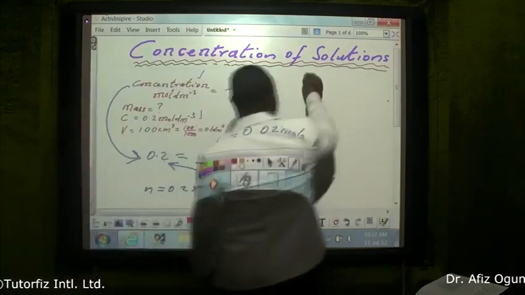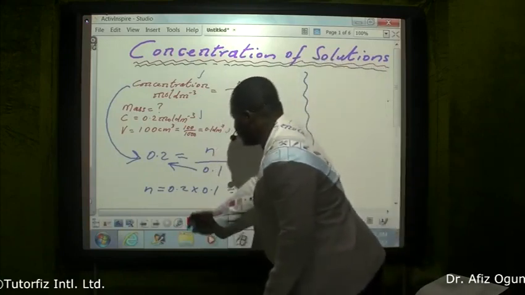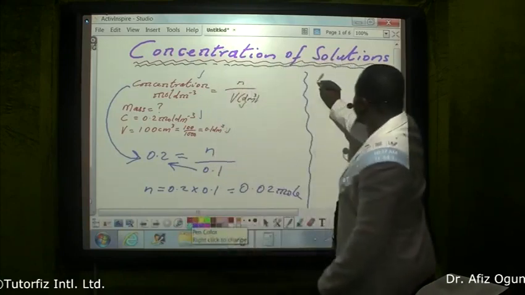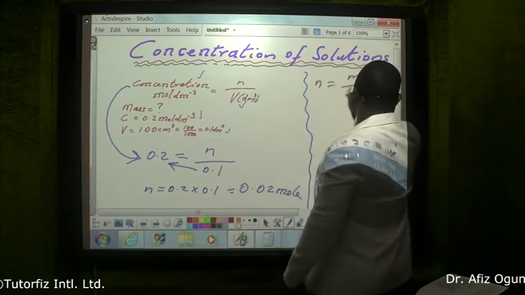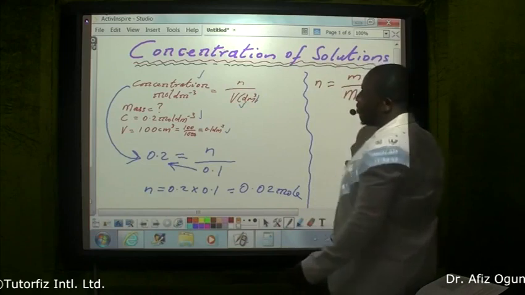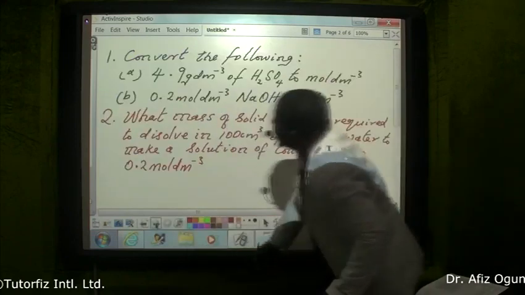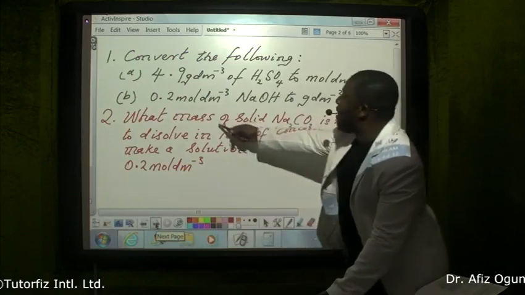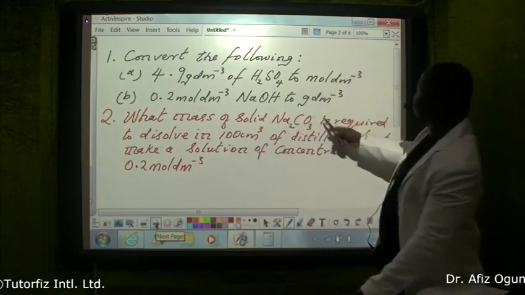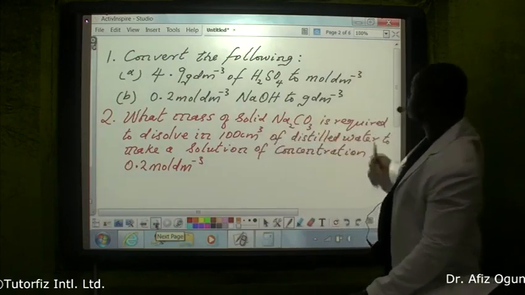I then use this in my next calculation, which is number of mole equals mass divided by molar mass. What is the molar mass of the substance? What substance are we talking about in that question? We are talking about sodium carbonate. What mass of sodium carbonate is required to dissolve in 100 cm cube of distilled water?